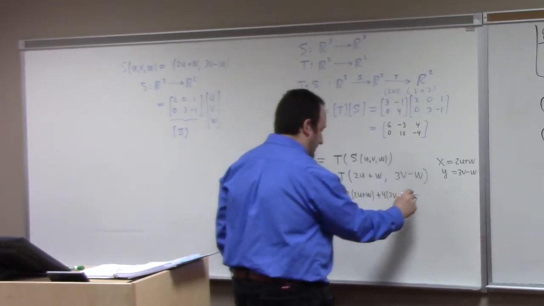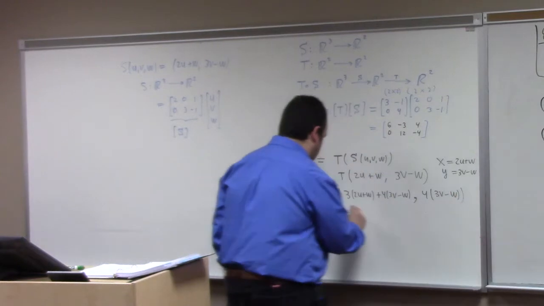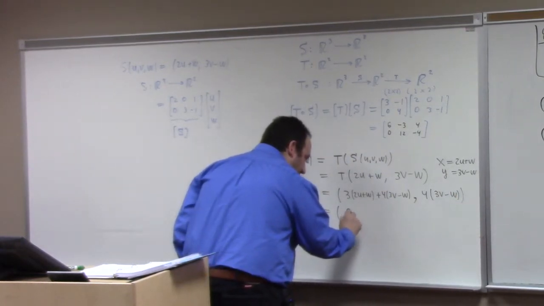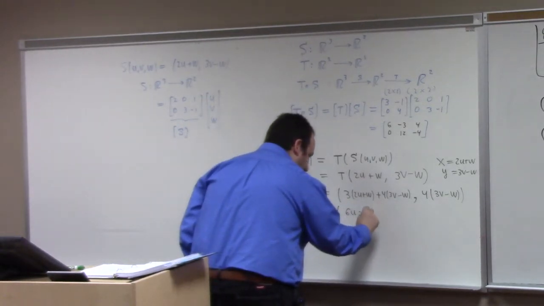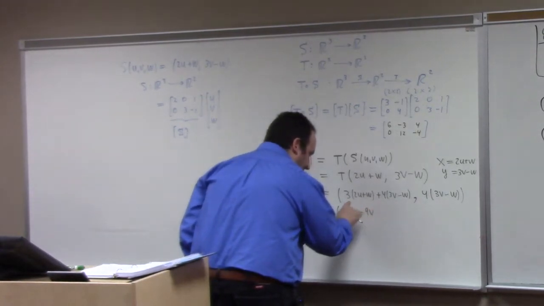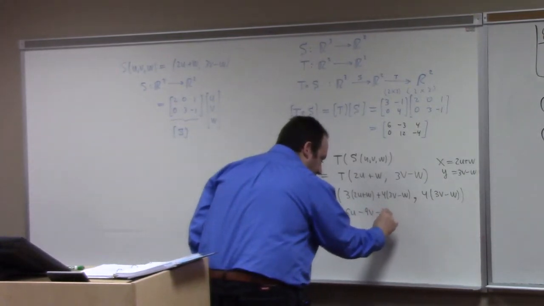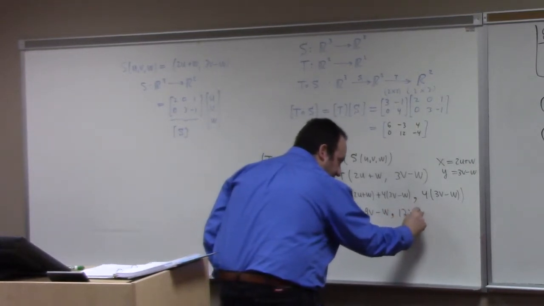And then my next one is 4 times the y, which is 3v minus w. When we multiply that out, we get 6u, minus 9v. How many w's do I got? I got 3 of them here, I got minus 4 of them here, so I got a minus w. And then over here, I've got a 12v minus 4w.